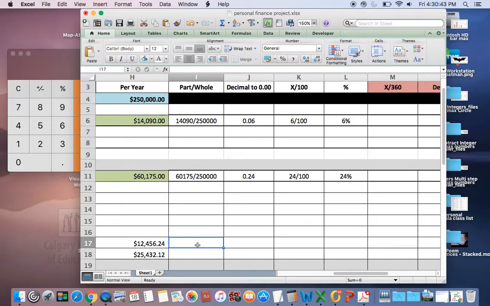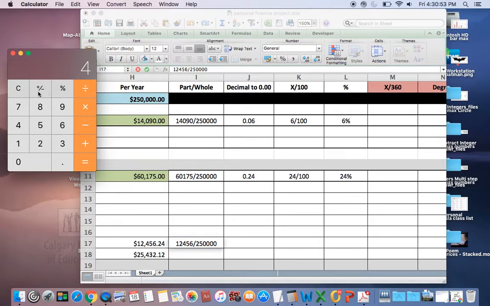Might as well keep doing this while we got this going. We'll kind of reinforce it. 12,456 out of 250,000. Back to our calculator. 1, 2, 4, 5, 6, divided by 250,000. Answer is, now what would it be? 0.0, now 4 is my hundredths.